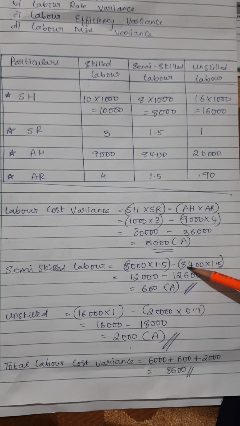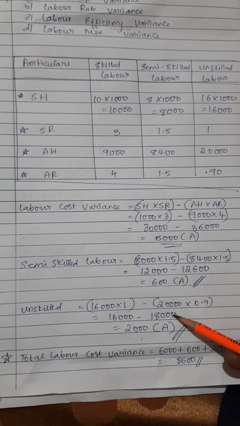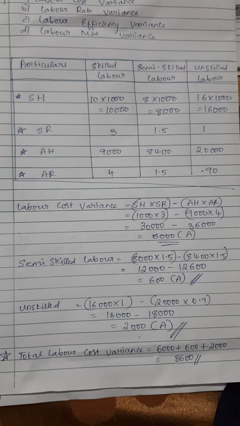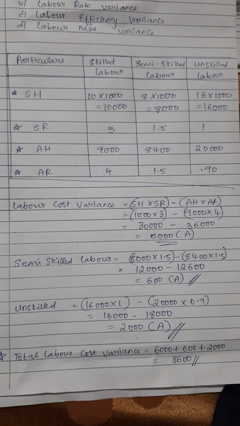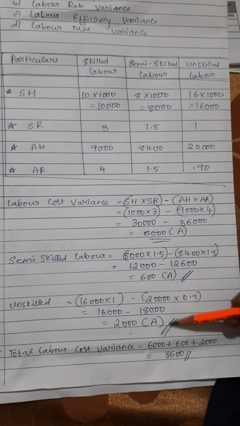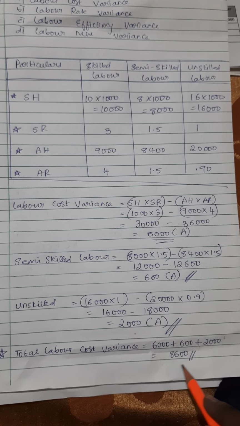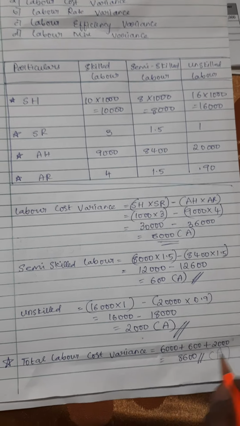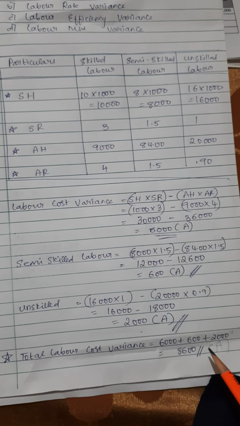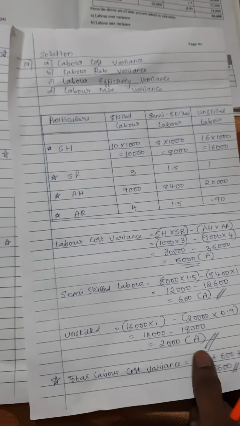Apply the values, you will get again a minus value. And the last one, if you substitute, you are again getting minus, so all three are minus, which is adverse in nature. So there is a loss of 6,000 plus 600 plus 2,000, all negative, so a loss of 8,600 overall. Total labor cost variance is 8,600, which is adverse. So this is the first one, labor cost variance.